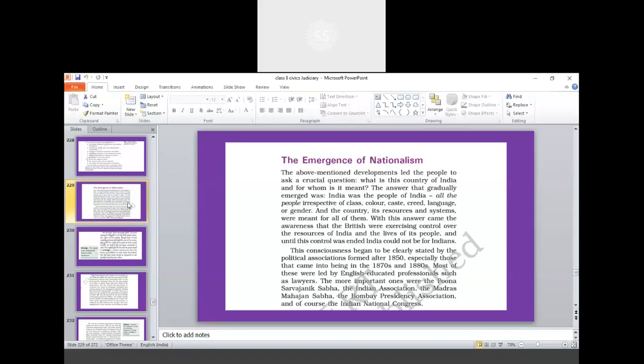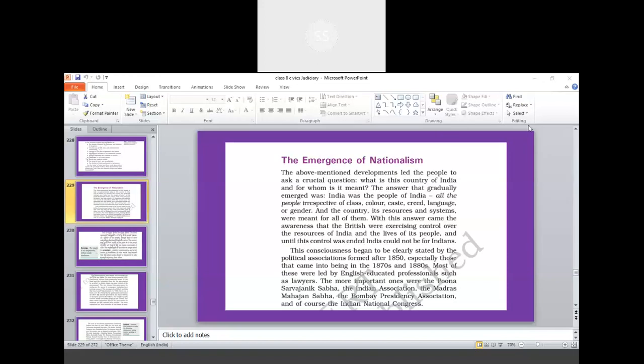Belongingness towards the nation is called nationalism. Repeat: sense of belongingness to the nation is called nationalism.